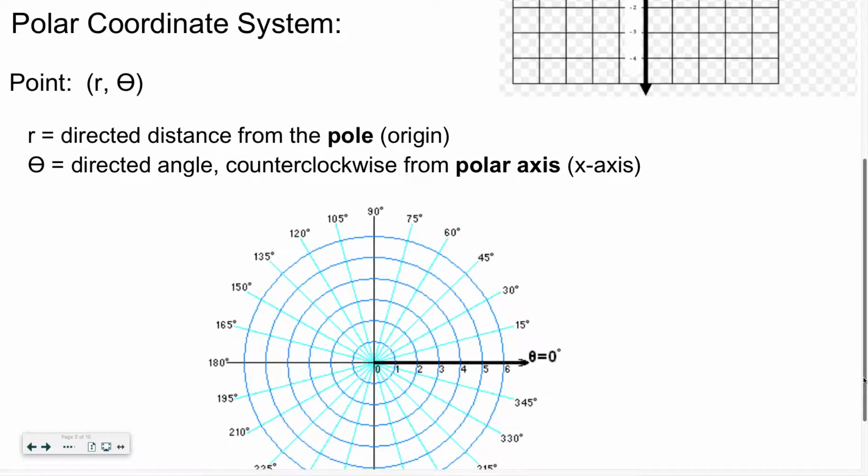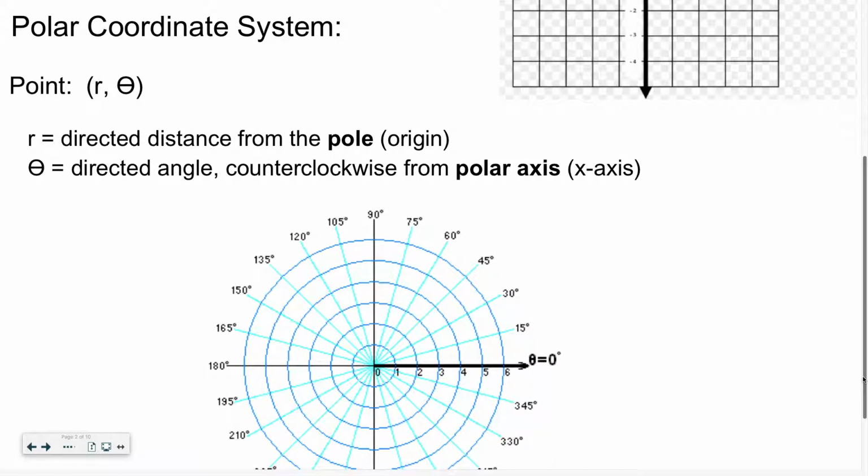So polar coordinates will be r comma theta, where r is that directed distance from the origin. So when Max jumped out, that distance that he jumped at an angle theta.